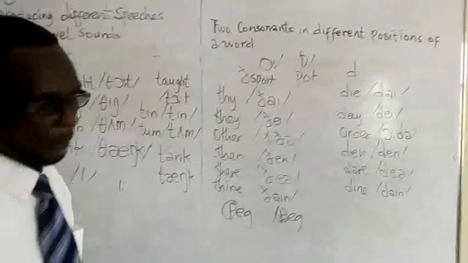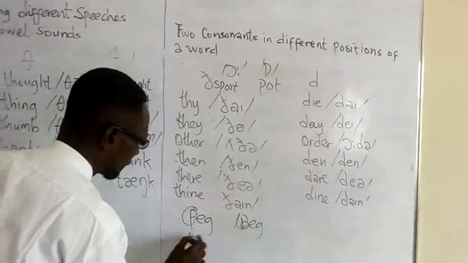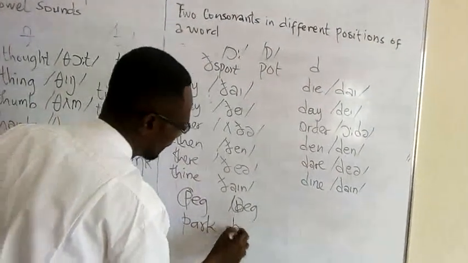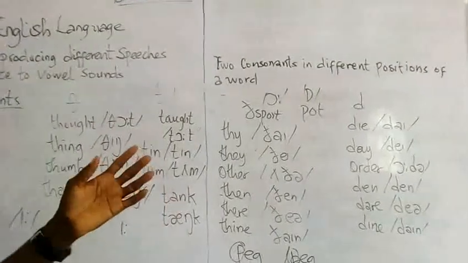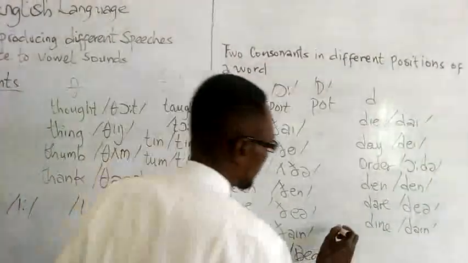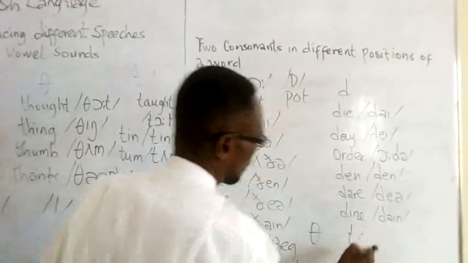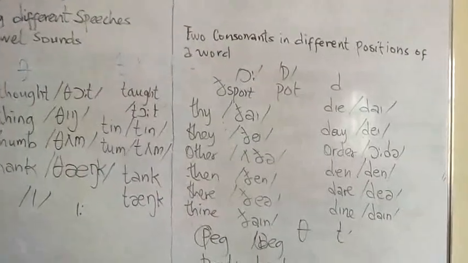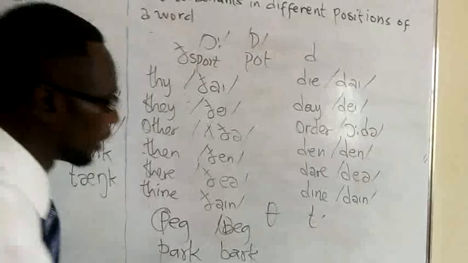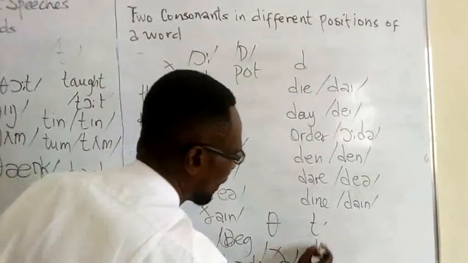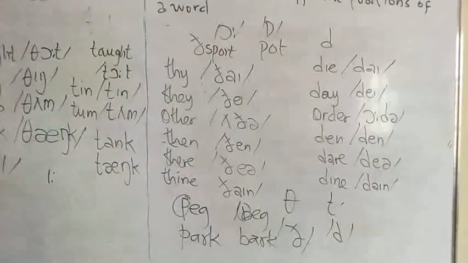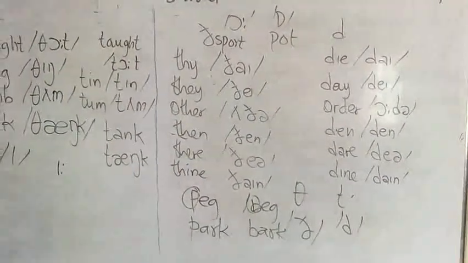And then we also looked at bark. Then finally, we looked at another sound, this one and this one. And we rounded it up with there and deep. So that is what we've been able to do today.